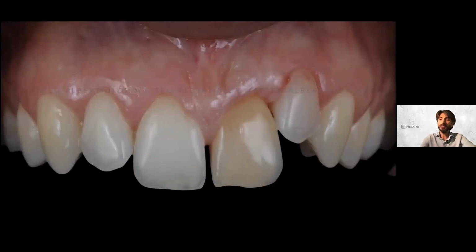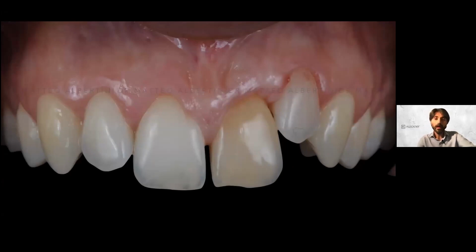I want to finish my presentation with this clinical case because I consider it is a quite challenging clinical case. So we have the tooth 2.2 in an apical position. This tooth is ankylosed, and we have an invasive cervical lesion class 4 on this tooth.